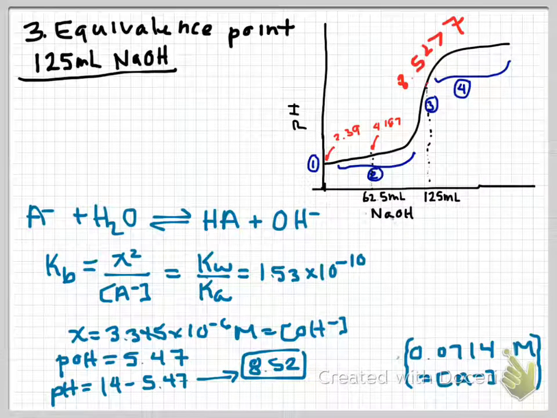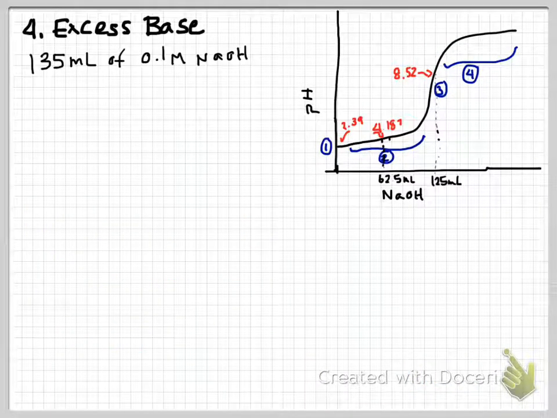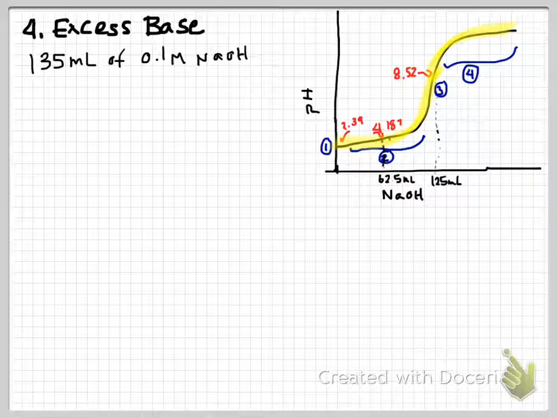Alright, so we're almost done. The last region is where we have excess base. So we are now looking at the region that is past our equivalence point, and we have excess strong base in solution. This is how you'll do any calculation in this region.